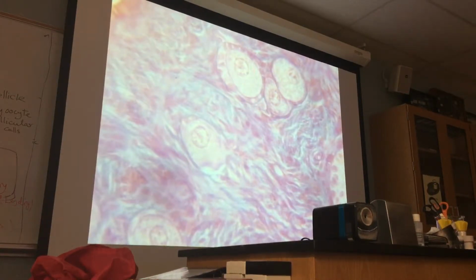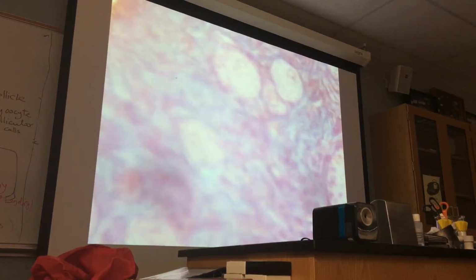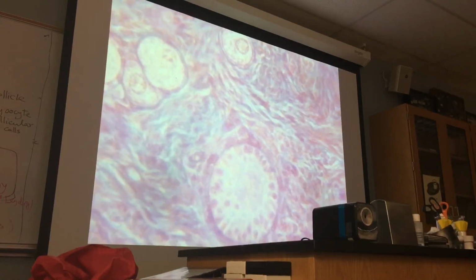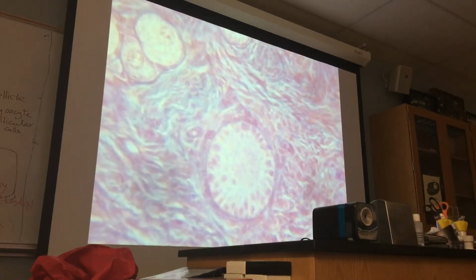Look at the primary oocyte and look at the follicular cells. These are follicular cells. These are follicular cells. Okay? And here is an early, look. These follicular cells on the periphery, they divide to form the granulosa cells.